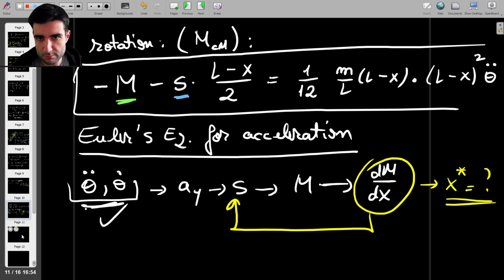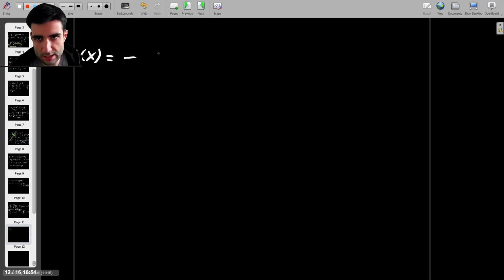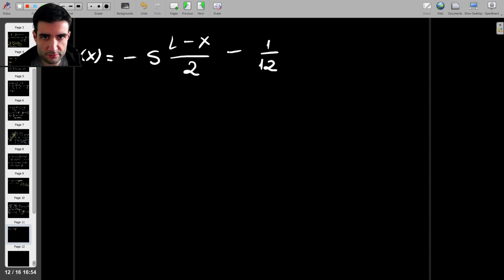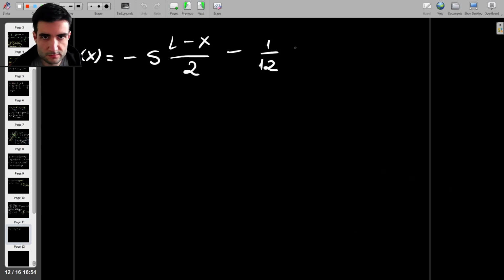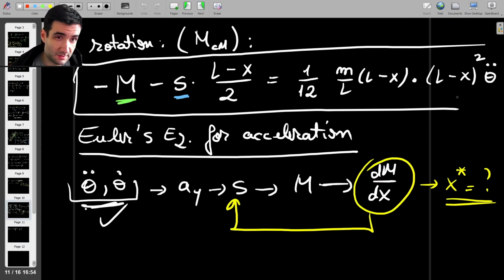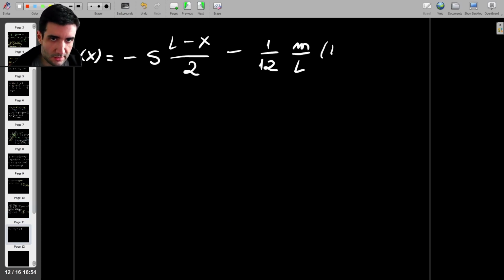So we have that moment is equal to minus s times L minus x over 2. And then we have minus 1 over 12, and we have m over L. Now this is L minus x times L minus x squared, so that's just L minus x cubed.